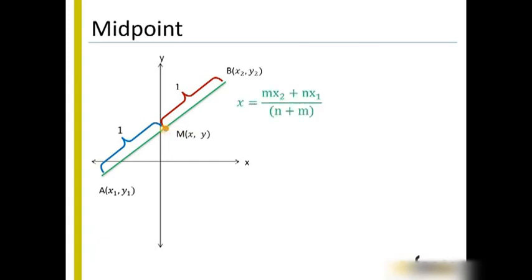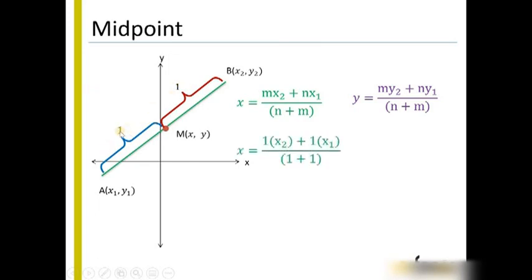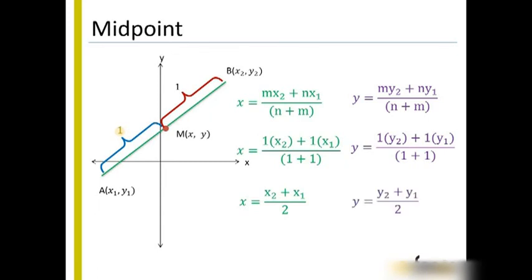If we use our formula, mx2 plus nx1 over n plus m, and my2 plus ny1 over n plus m, then in this case, m and n are both 1, because the ratio is 1 to 1. So x is 1 times x2 plus 1 times x1 over 1 plus 1. And y is 1 times y2 plus 1 times y1 over 1 plus 1. So x is x2 plus x1 over 2, and y is y2 plus y1 over 2.